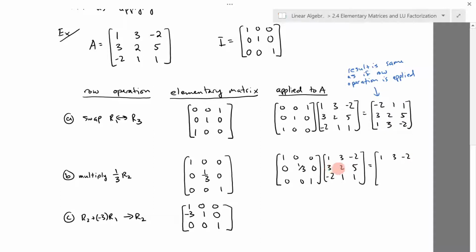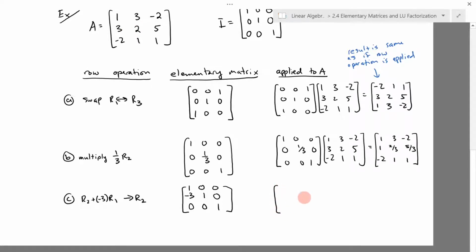This row times this matrix will take the second row and multiply by 1/3. And then this row will pick out the third row. And again, the resulting matrix is the same as if you just applied the row operation directly to the matrix A.